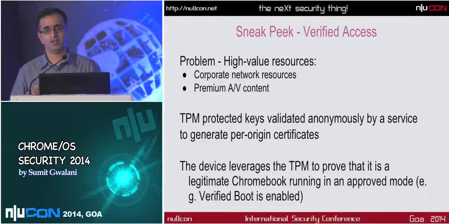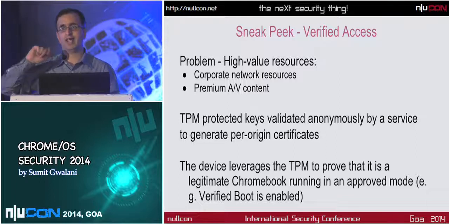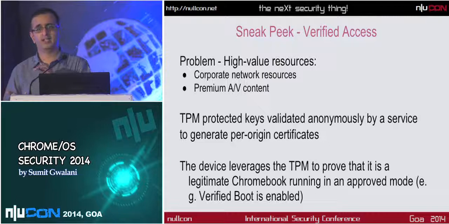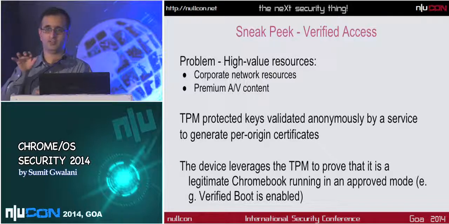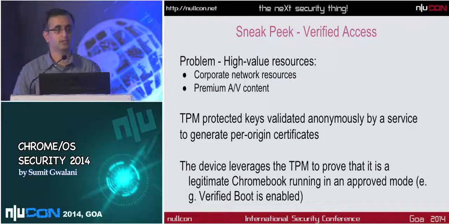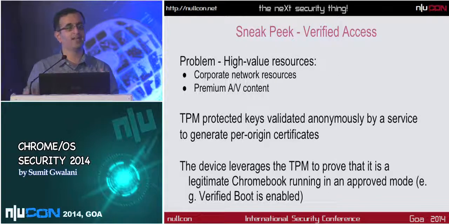What we can do with verified access is validate them with an anonymous service, so your privacy is preserved, and then give you validating certificates that you can give to your corporate authority to guarantee that this is coming off a device which actually has a valid TPM and operations are getting signed inside the hardware in the TPM. It's a feature that we have been requested a lot by enterprises.